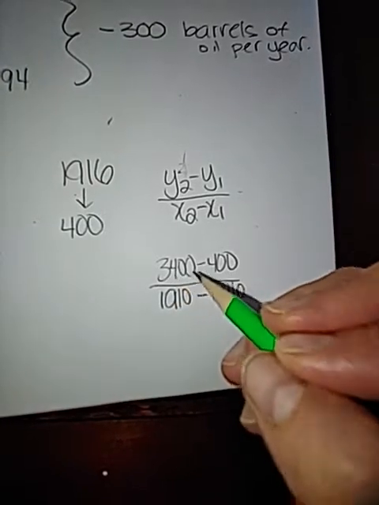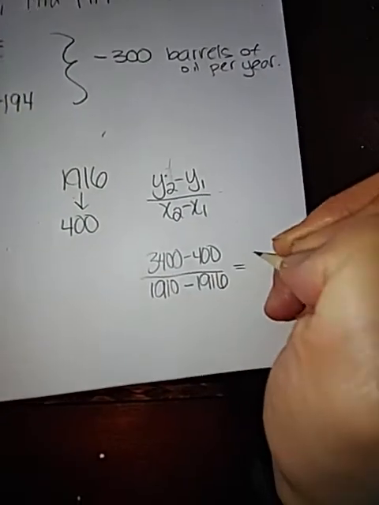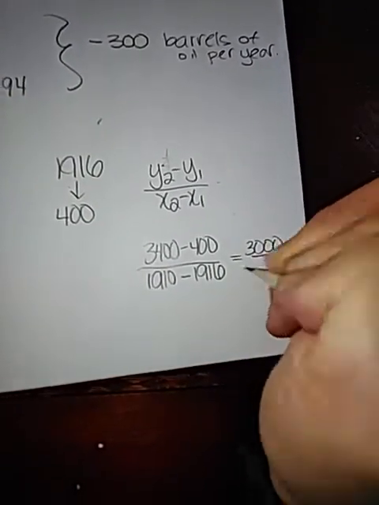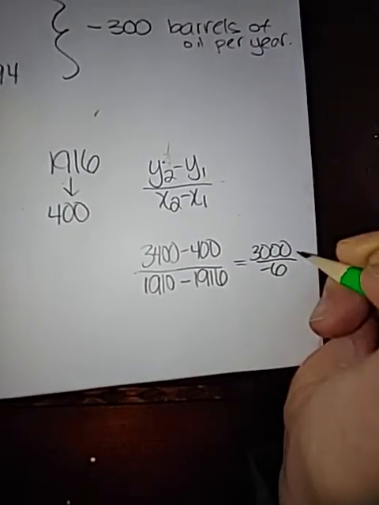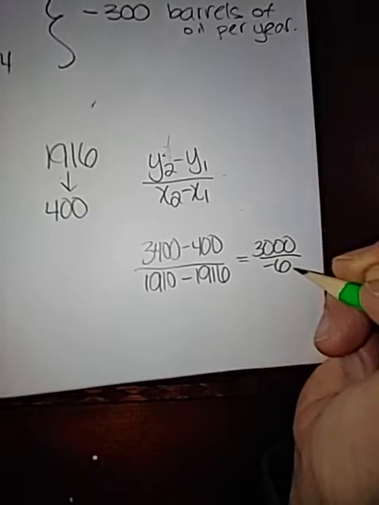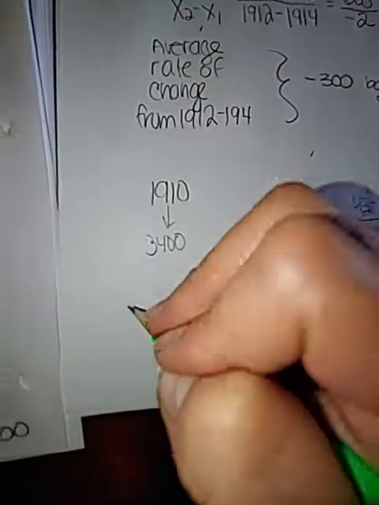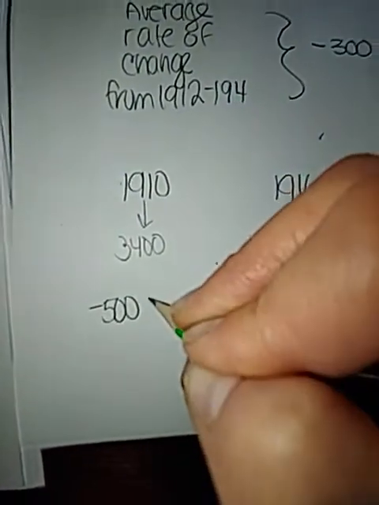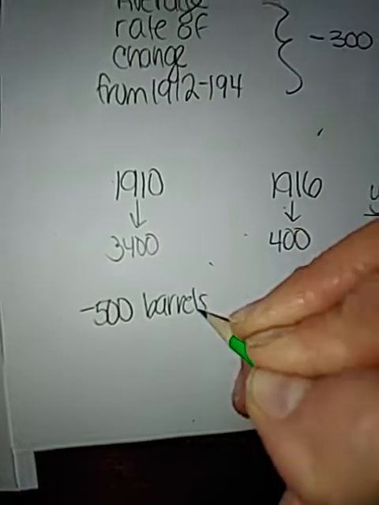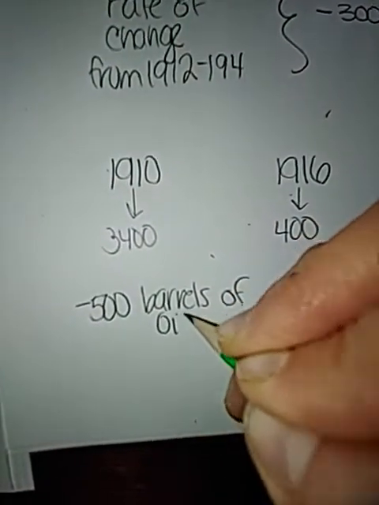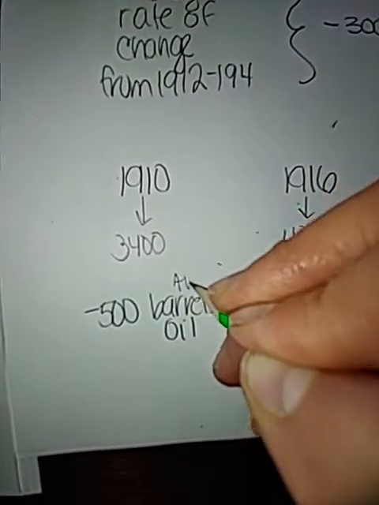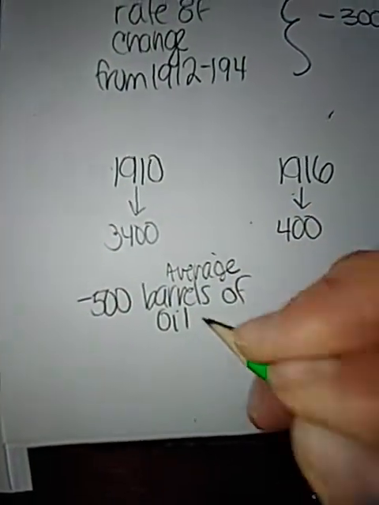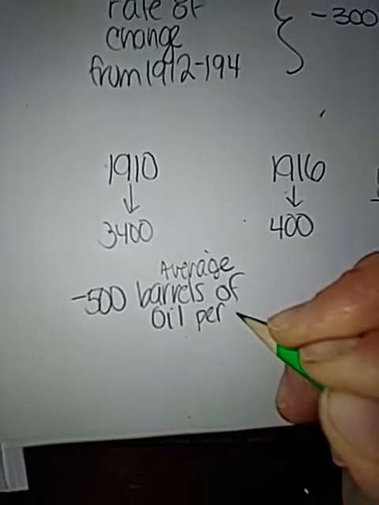All right, so I have 3,400 minus 400, which is 3,000, over 1910 minus 1916 is negative 6. 3,000 divided by negative 6 is negative 500. Barrels of oil, we should say average barrels of oil per year.